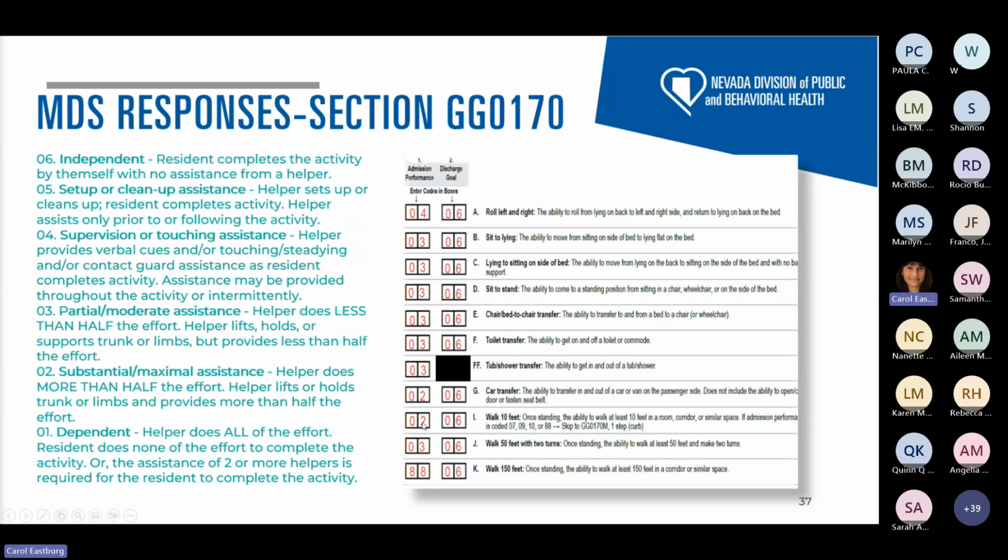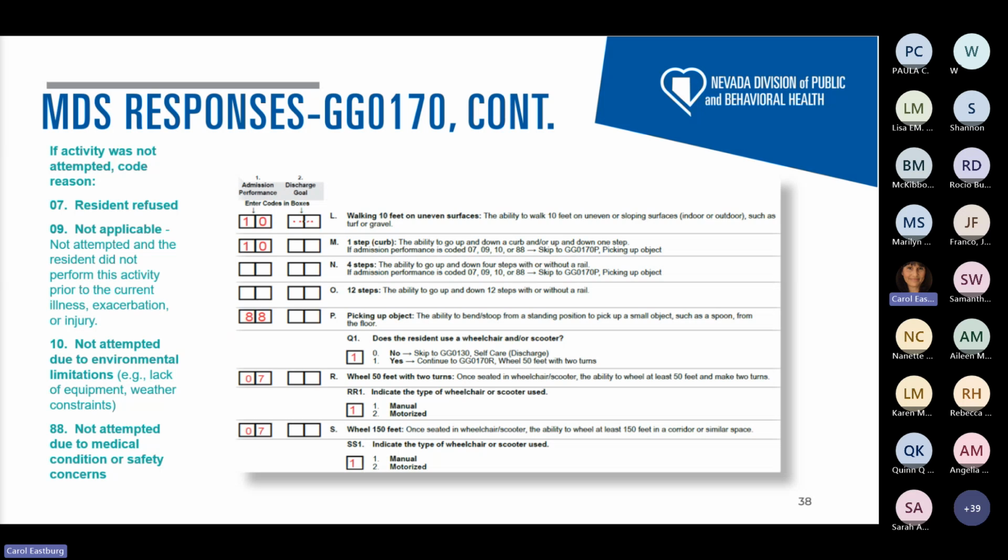Walking, you can see what the codes are there. And his discharge goals are all to be independent, just like he was before the stroke. Here we see the coding results for L through S, and I see that my alterations to this slide didn't take.